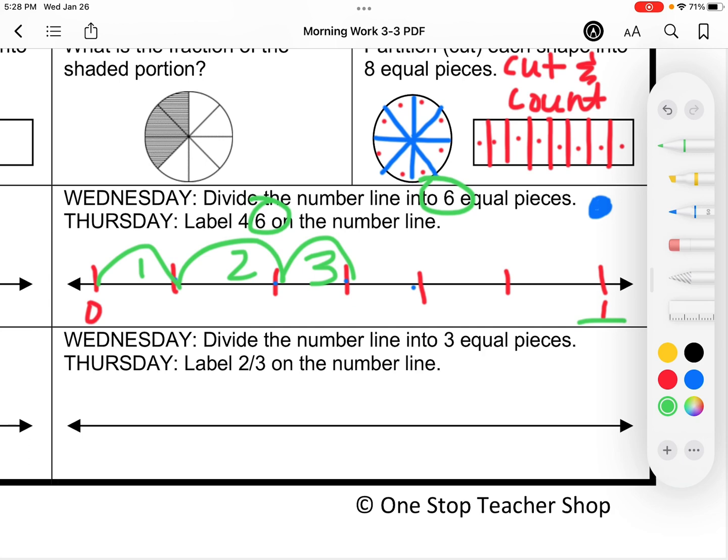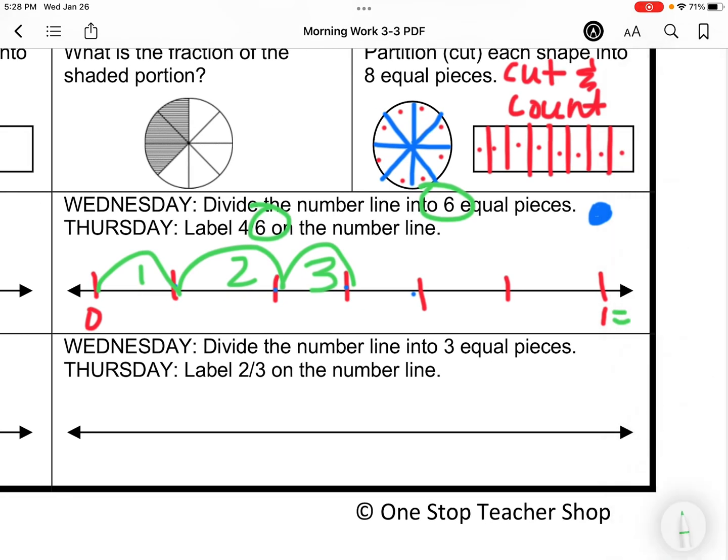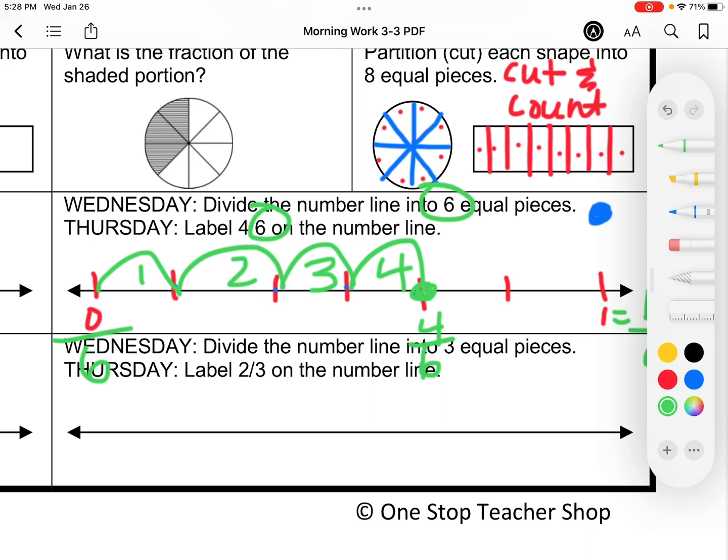So this would be 1, which equals 6/6. And then this would be 0/6. So 3, and then 4. So that would be where I put my dot, 4/6. Okay? But yeah, I saw a lot that were misplaced just by 1. So they would have been over here at the 3/6 spot instead of the 4/6 spot.